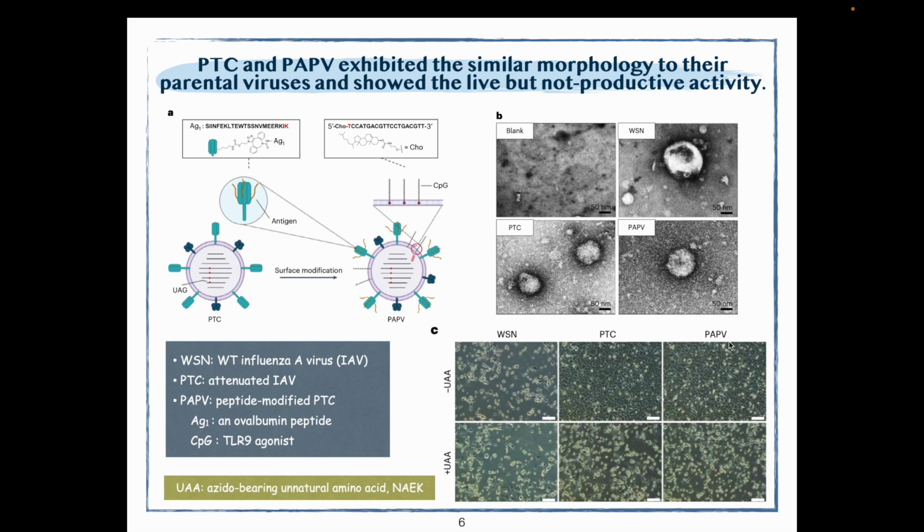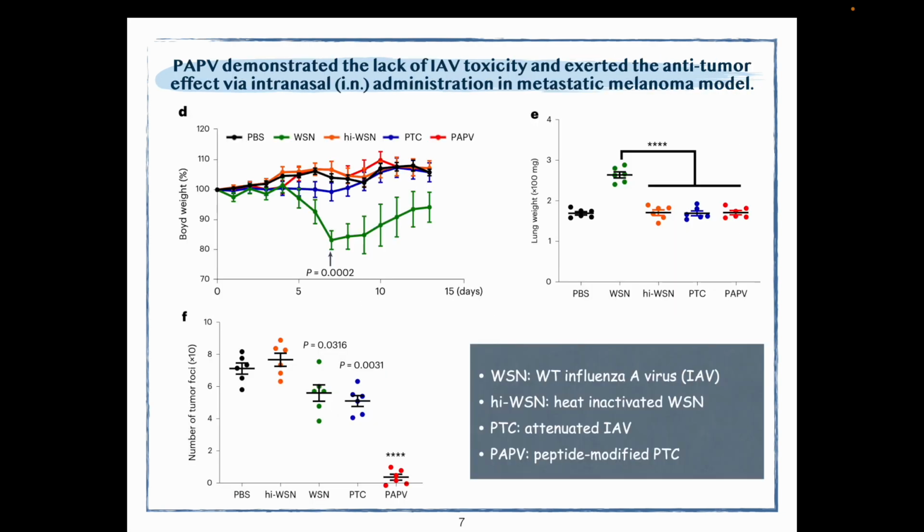As for the infectivity test, cell viability is used as an evaluation to indirectly measure virus infection and replication. We can see that PTC and PAPV will infect cells only in the presence of UAA, confirming the safety of PAPV for the host.